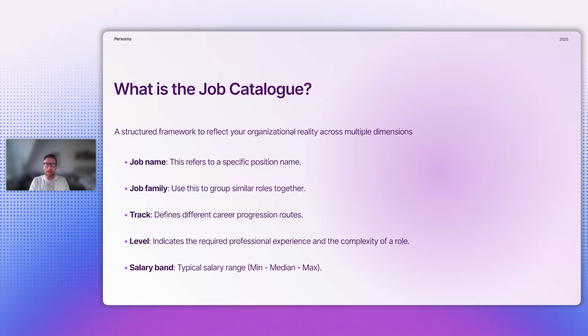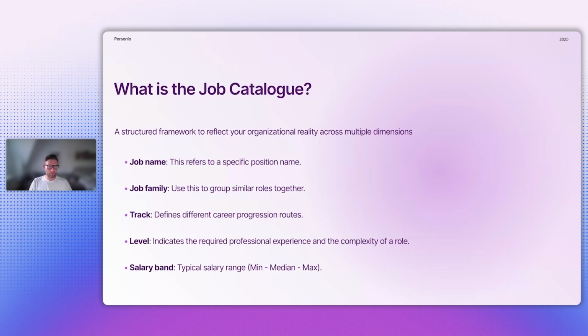So a particular job name, no matter if it exists once or multiple times within the organization. Then you have the possibility to group similar roles into job families like HR roles or sales roles. Then you have the track, so the career track, which defines different career progression routes that might be possible within the organization. And then you have the level.